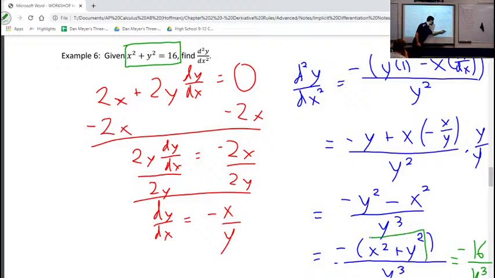So instead of x squared plus y squared here, I can just write 16. So the final answer, I think that's really cool. This whole messy thing, when it starts to look like it's going to be even more complicated, and even more complicated, and then all of a sudden, it's even simpler.